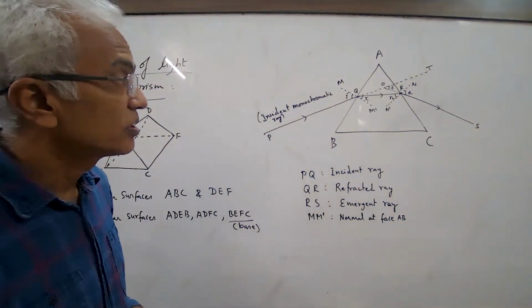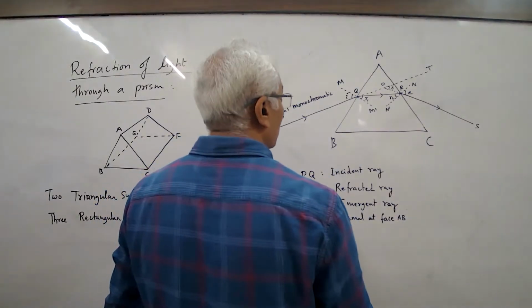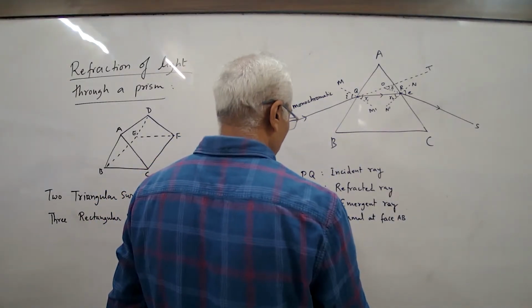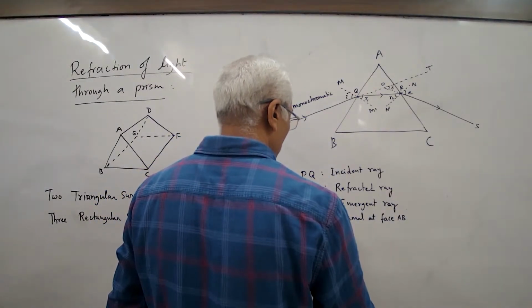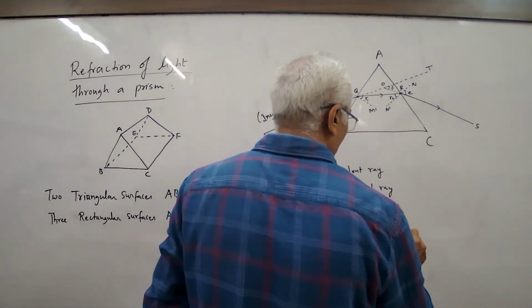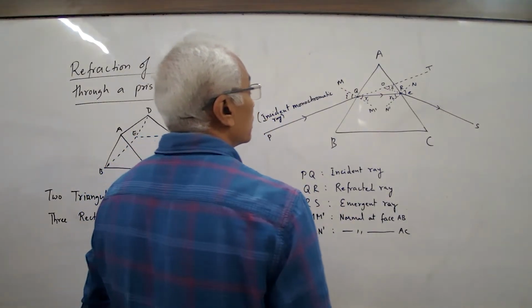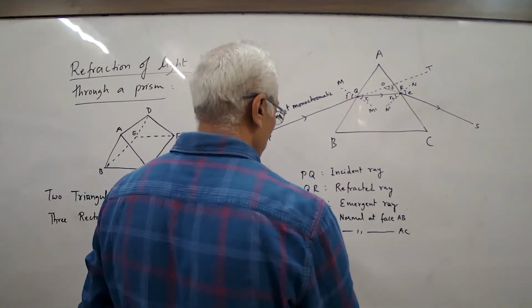So the prism has two faces, AB and AC. This is the base. Then you have N dash, the normal at base AC. Then let's write down the angles.